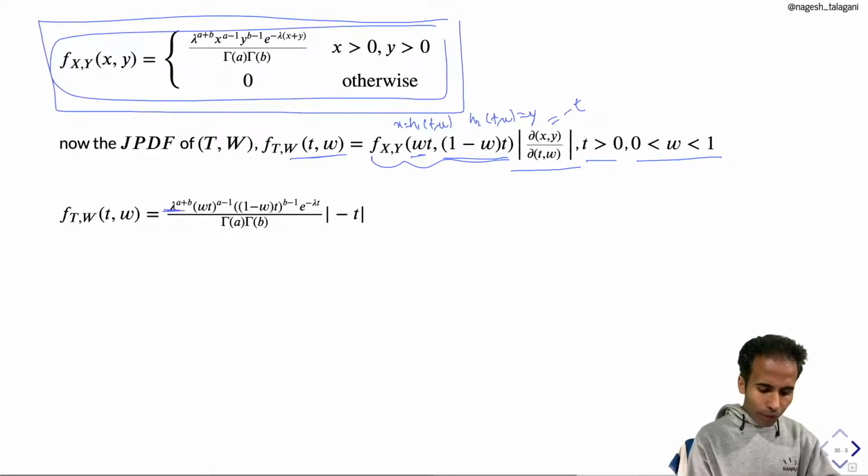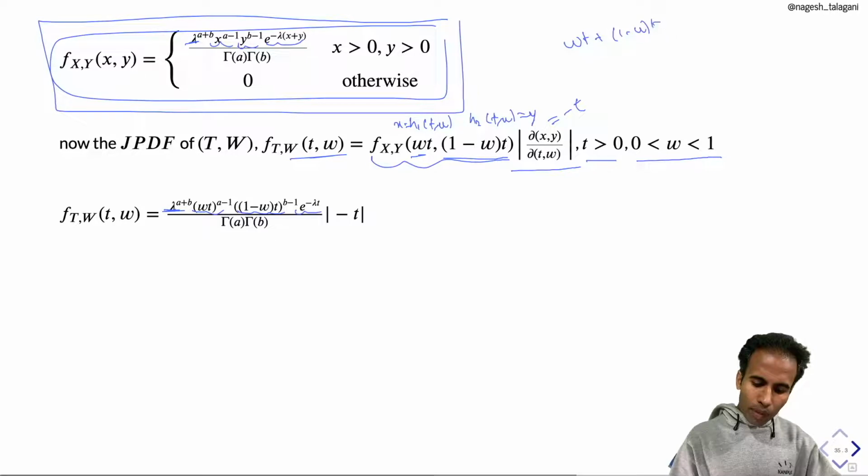Lambda to the power of a plus b, and (wt) to the power of a minus 1, ((1 minus w) times t) to the power of b minus 1, e to the power minus lambda t. Here wt plus (1 minus w) times t is going to be equal to t. That's why this e to the power minus lambda times (wt plus (1 minus w) times t) is going to be e to the power minus lambda t.